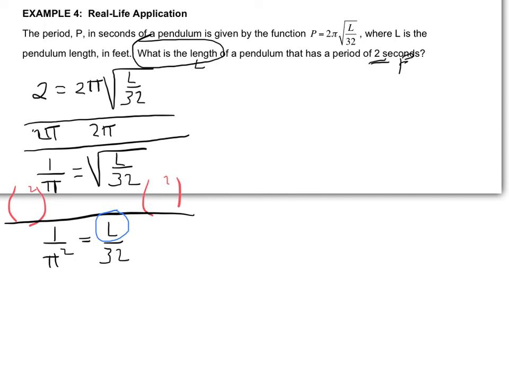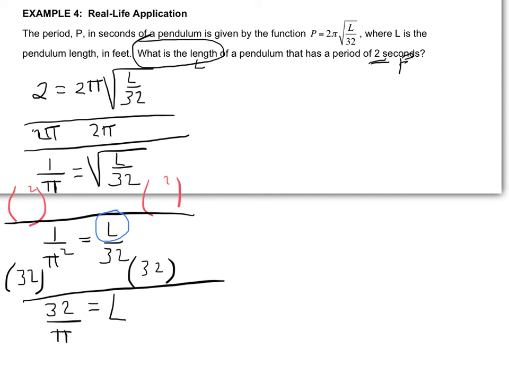So at this point, what I do next is I'm going to multiply both sides by the 32, and that will get the 32 from the right-hand side to cancel the 32 in the denominator, leaving us with L, which is what we're really looking for. On the right-hand side, when I multiply 32 times 1 over pi squared, I get 32 over pi squared.